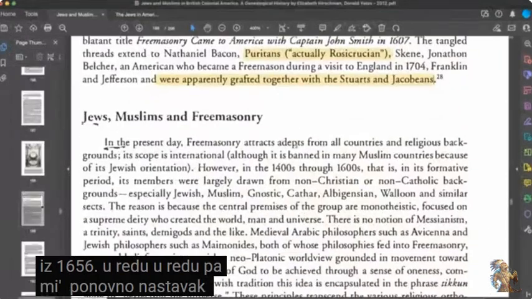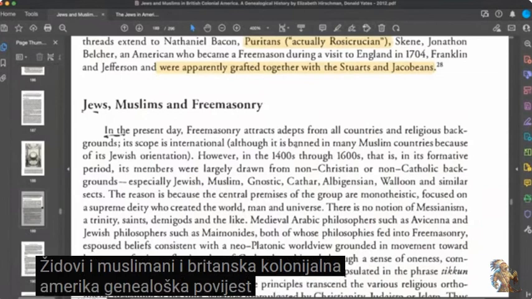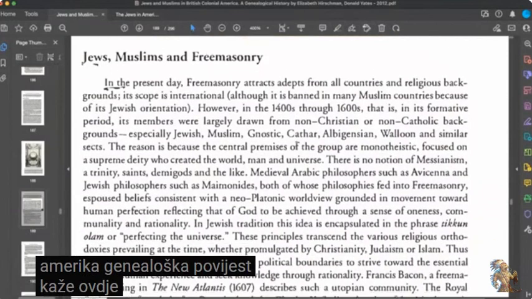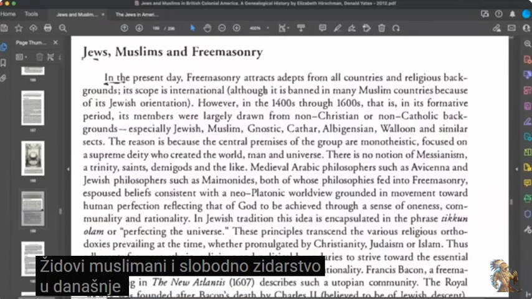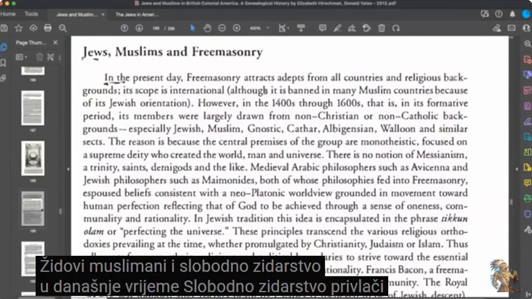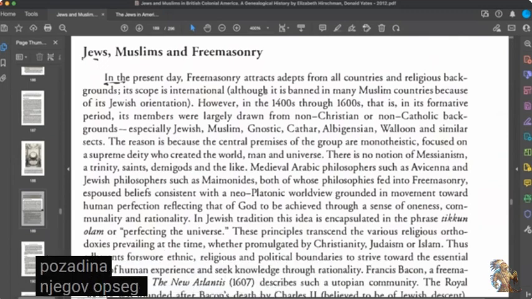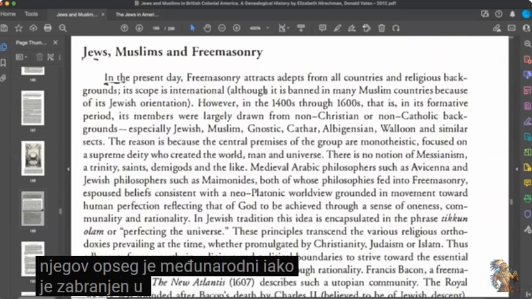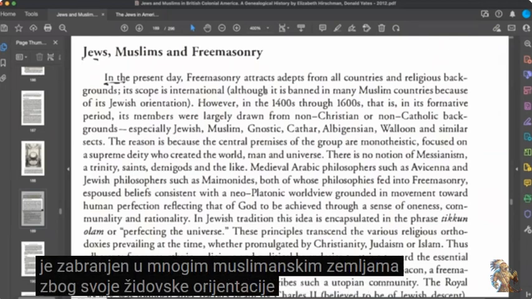All right, so we continue in the book, Jews and Muslims in British Colonial America, a genealogical history. It says here, Jews, Muslims, and Freemasonry. In the present day, Freemasonry attracts adepts from all countries and religious backgrounds. Its scope is international, although it is banned in many Muslim countries because of its Jewish orientation.